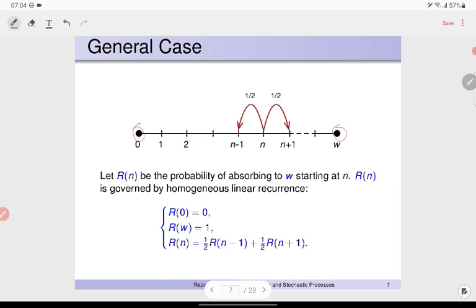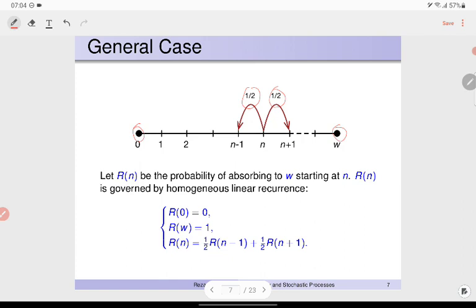Originally, the object is positioned at N. So it is put at position N, and it can move to the left and to the right with the same probability, namely 1/2. So this is also an unbiased random walk.